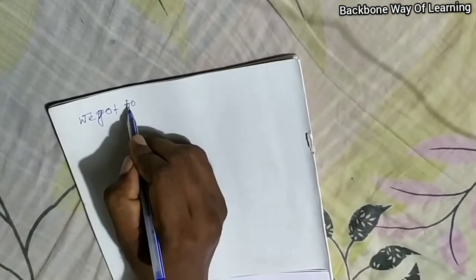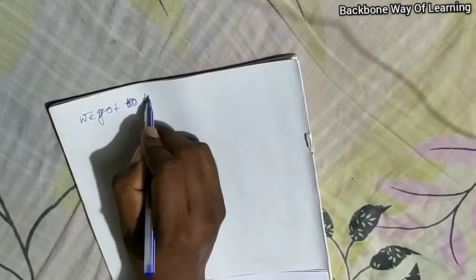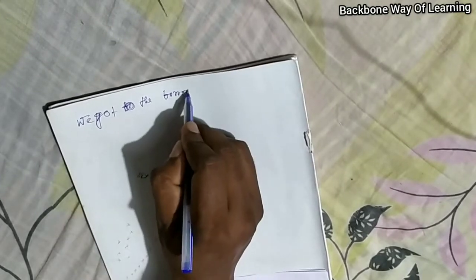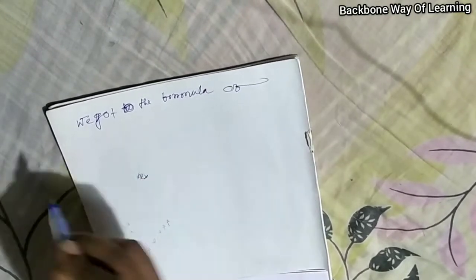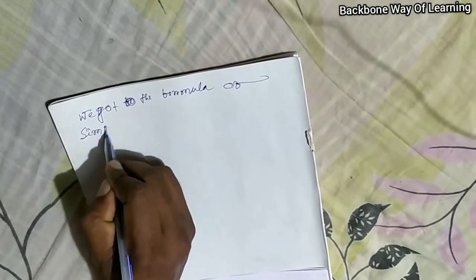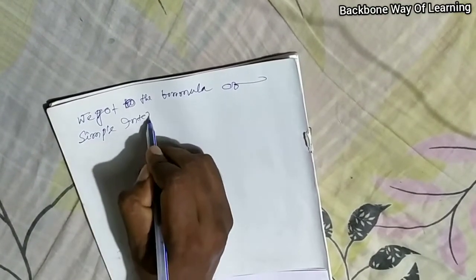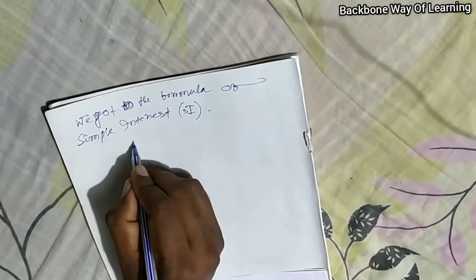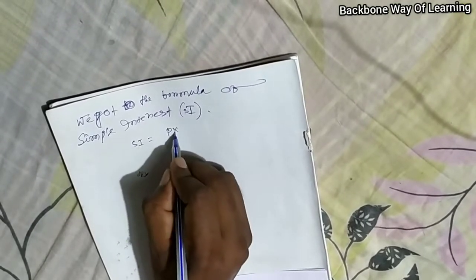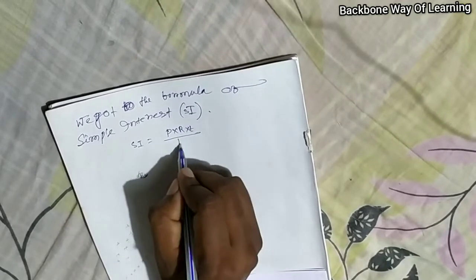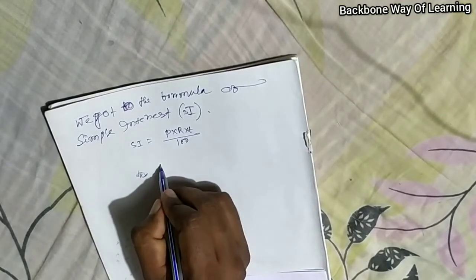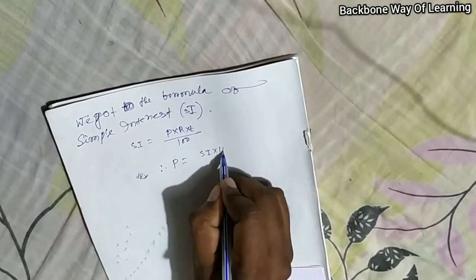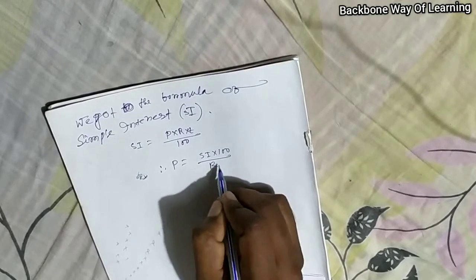Formula of simple interest. Therefore, P is equal to SI into 100 by RT.